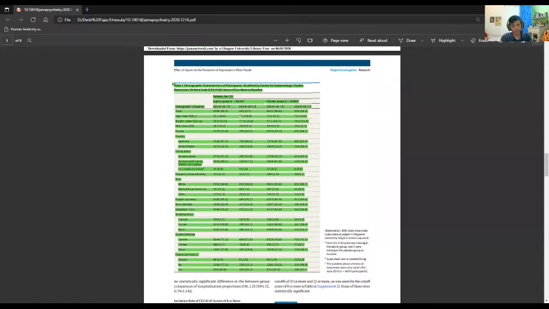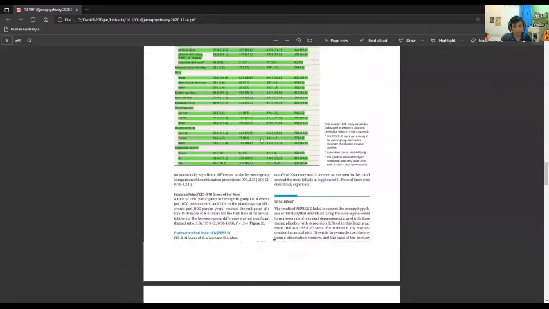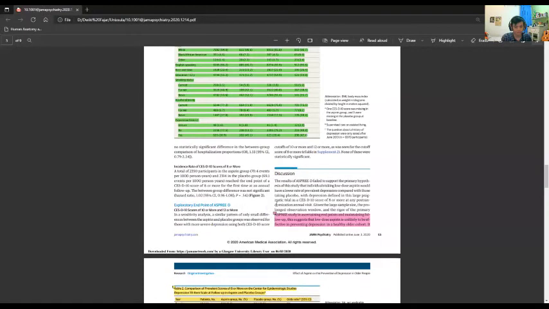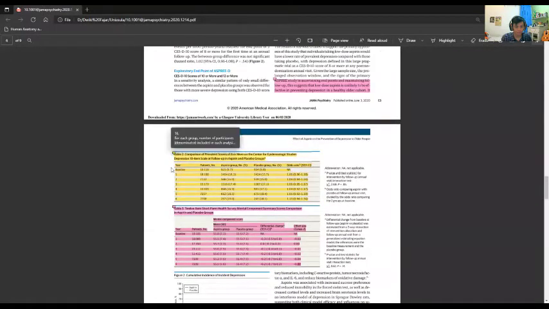Okay, let's keep it up and we move to the numbers analyzed. Number 16, here is the number 16, for each group, the number of participants included in each analysis and whether the analysis was by original assigned groups. Okay, from the baseline, patients with no aspirin group, placebo group.